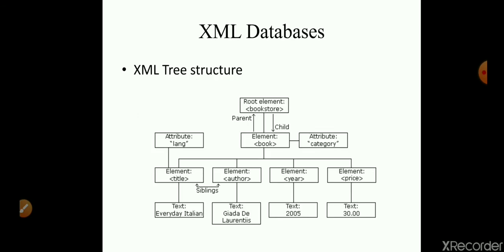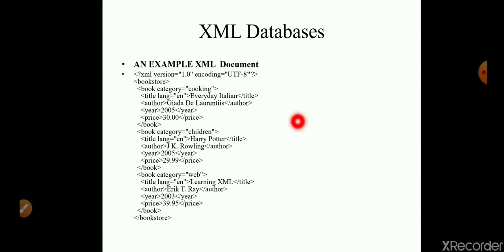Next is the XML tree structure. This is how it is represented as a tree. It starts with the root element and attributes, and below that you will have the elements described about this root. This is the tree structure of this example XML document, bookstore.